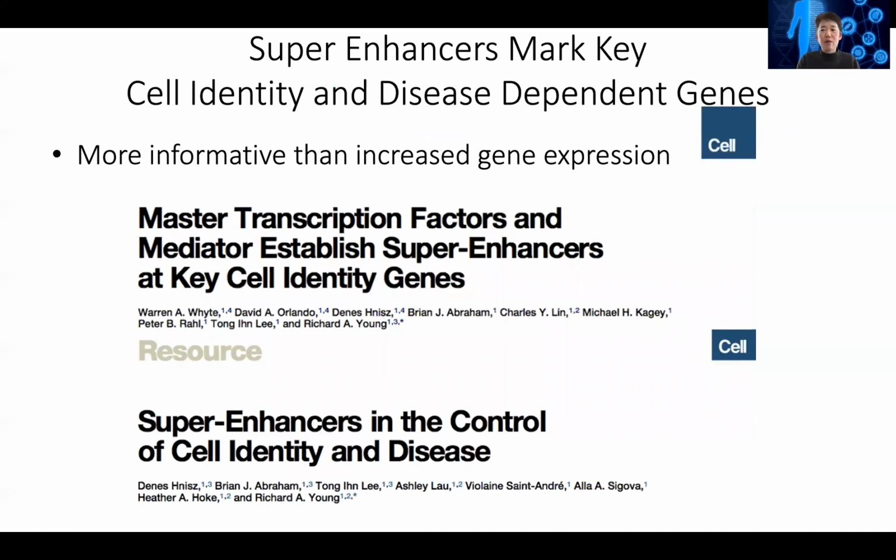These regions have very, very strong K27 acetylation marks. And the very useful thing is that these signals are more informative than increased gene expression. For example, if you look at gene expression between breast cancer and normal breast epithelial cells, there are many genes that are upregulated. Estrogen receptor is by no means a highly overexpressed gene because in general, transcription factors are not expressed at high levels.